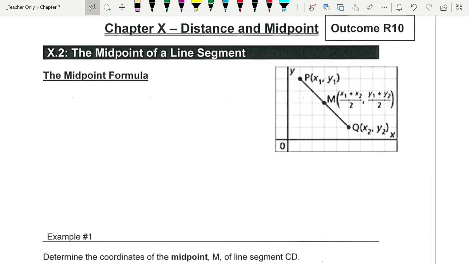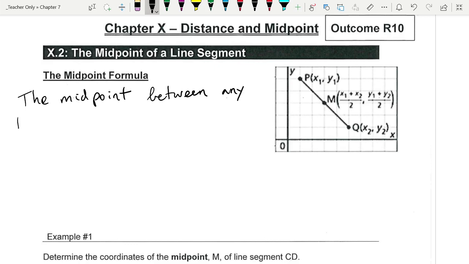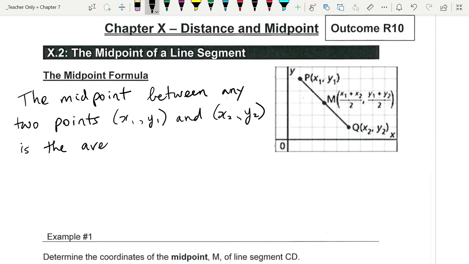Okay, so the midpoint formula is, I'll put the midpoint between any 2 points, and again I'll say x1, y1, and x2, y2, is the average of the distance between the coordinates.